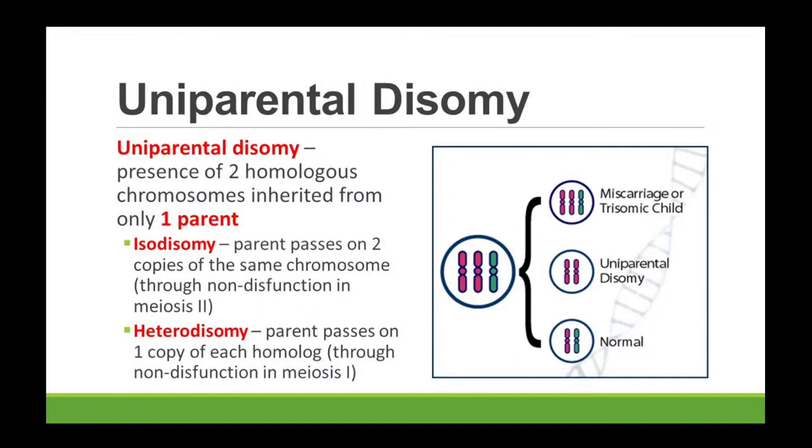Heterodisomy is when a parent passes on one copy of each homologous chromosome through non-disjunction in meiosis I. This non-disjunction can cause trisomy, uniparental disomy, or a normal organism.